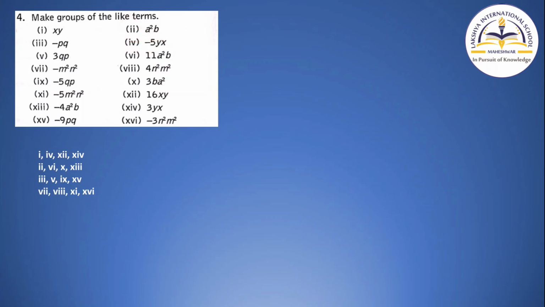So this one, second one of a square b, then this one also, this one also. Okay, now we will see minus p cube. So minus p cube also, this one also, now this one also. Now we will see n square terms, this one and this. So like this you just have to write the terms.